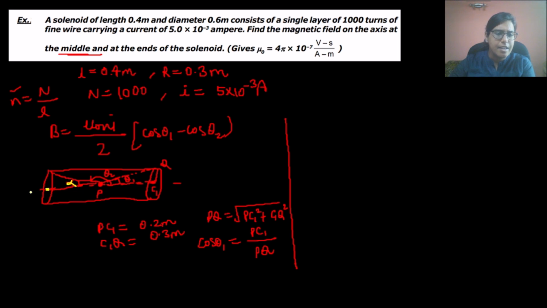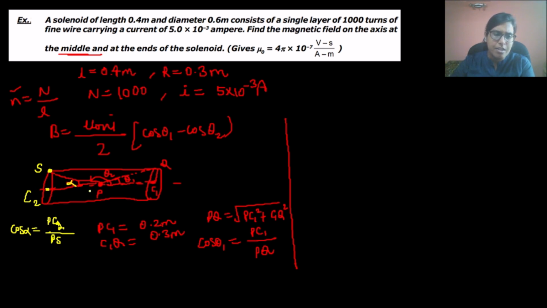And this is center C2 and this is suppose S. So first of all, cos of alpha will be PC2 upon PS. PC2 is nothing but L by 2, and C2S is the radius.